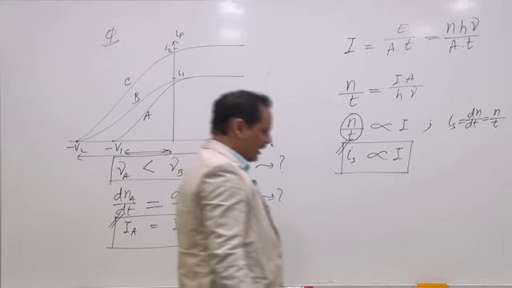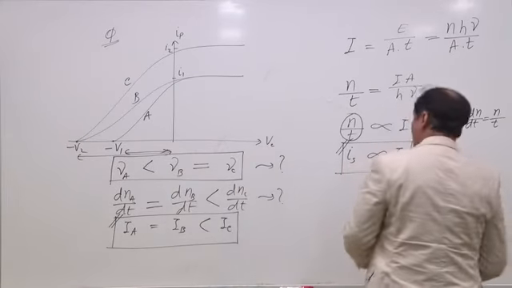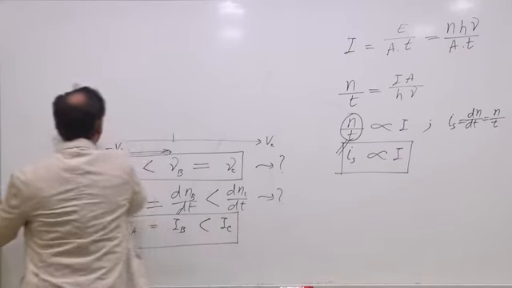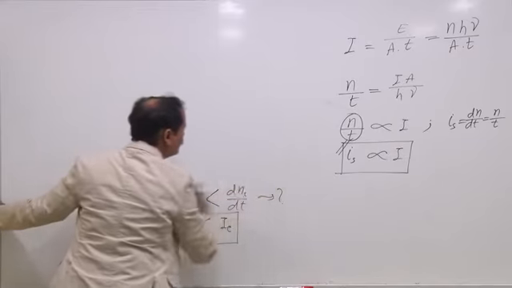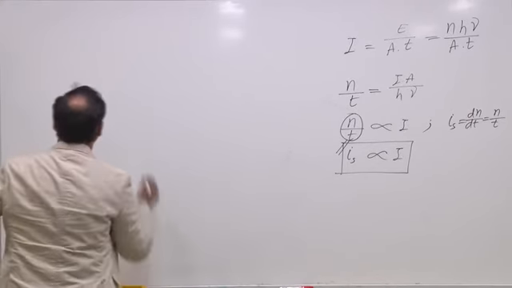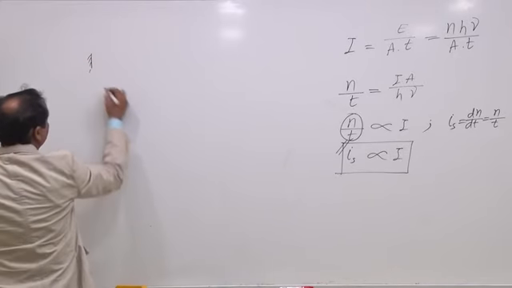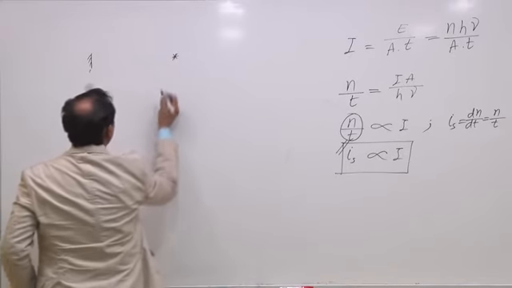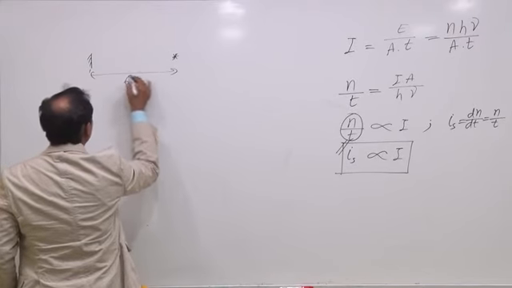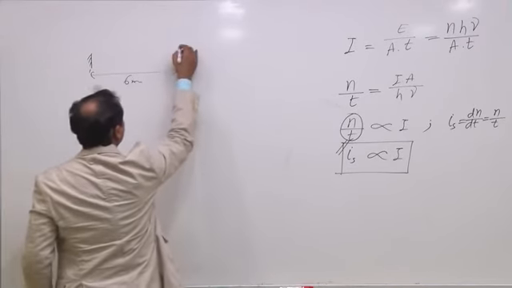Now let us see another question. The question is, the plate of a phototube is placed at a distance of 6 meter from a point source of light.